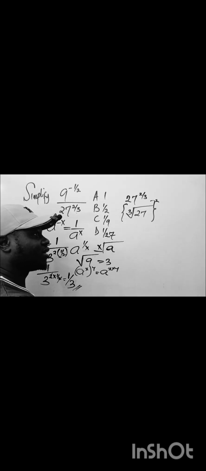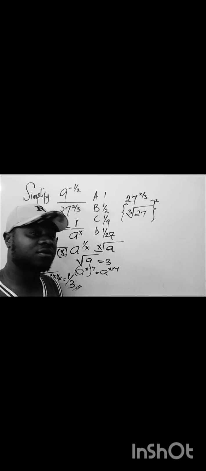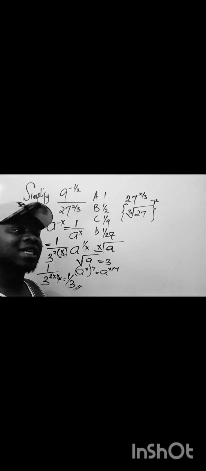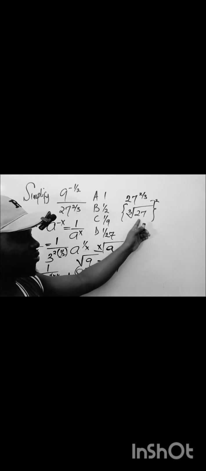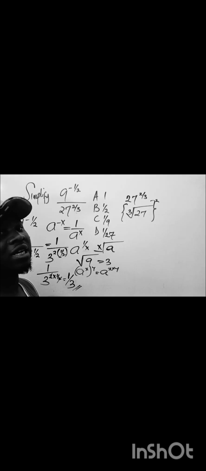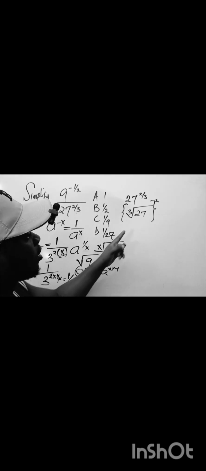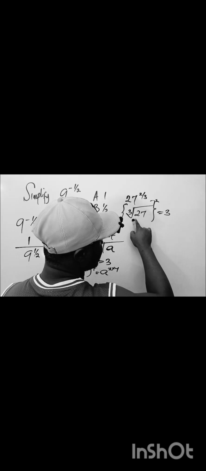The cube root of 27 means a number that will multiply itself 3 times to give you 27, and that number is 3. So 3 times 3 times 3 gives us 27. The cube root of 27 is 3, raised to power 2, and this will give us 9.